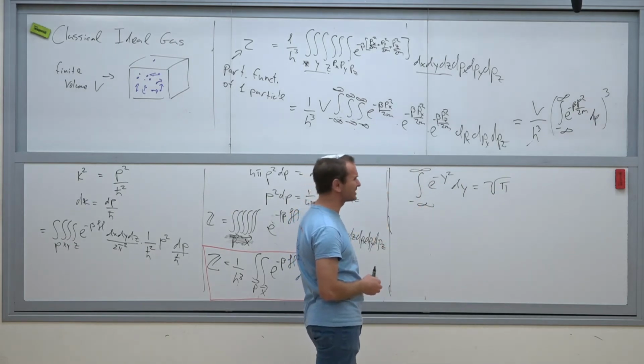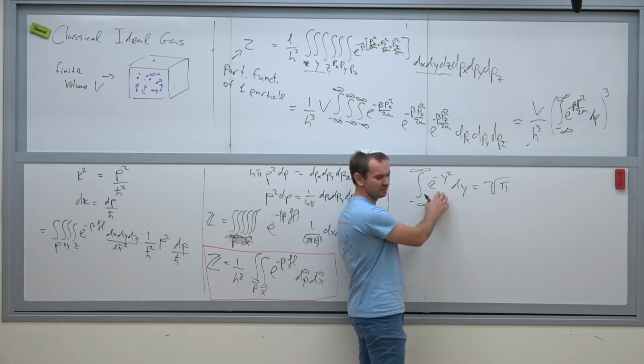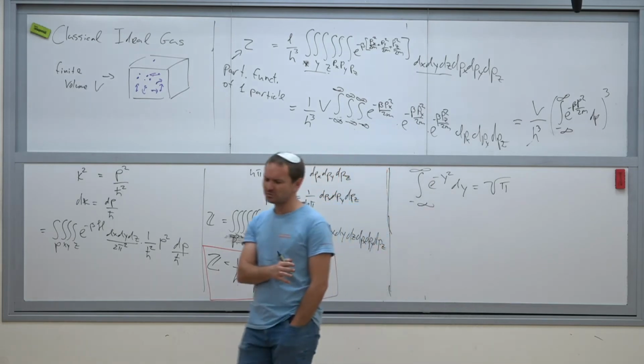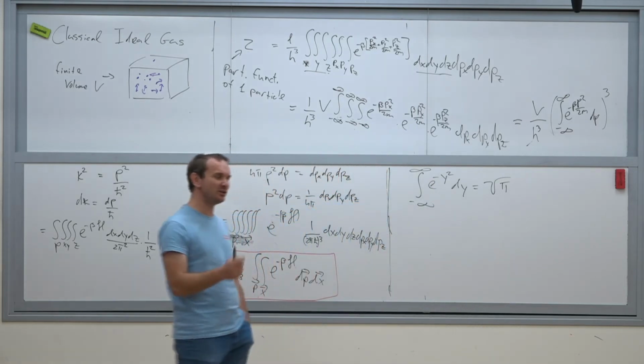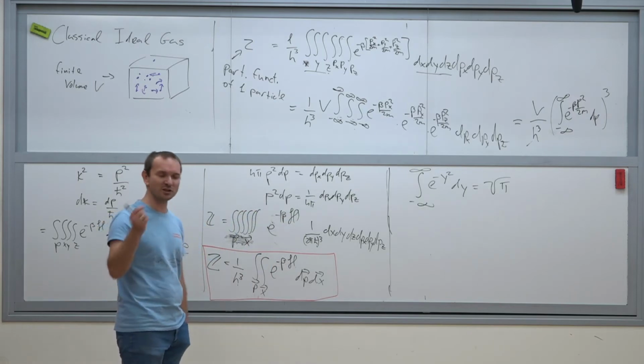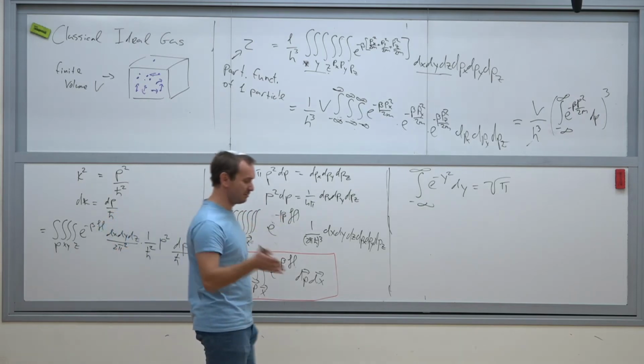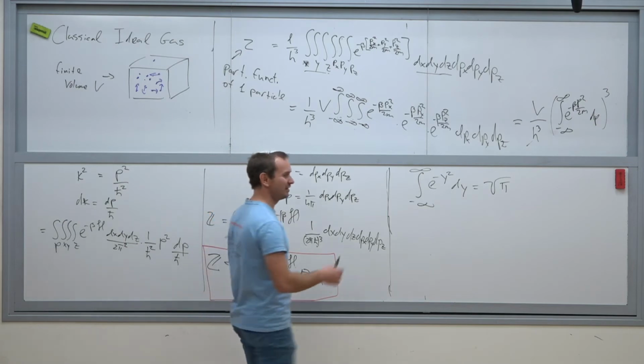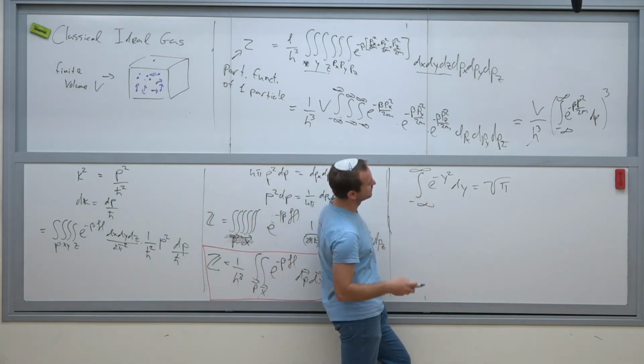And in physics, there is a huge number of Gaussian integrals, mainly due to the fact that eventually what we try to do is approximate everything by some quadratic potential, and then everything becomes a Gaussian integral.